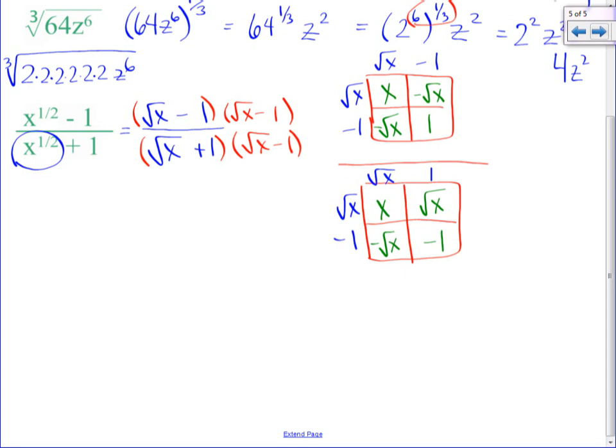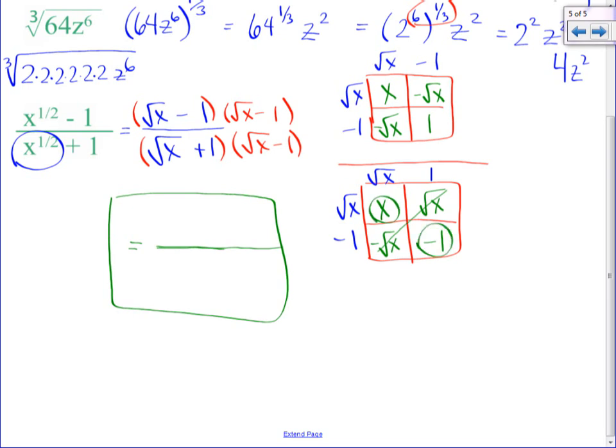So on the bottom, these two are gone. They cancel out, which is good because we want to get rid of the root. That was the whole point. So looking at our answer here, what do we have on the bottom? Yeah, we just got this x minus 1. No more roots on the bottom.